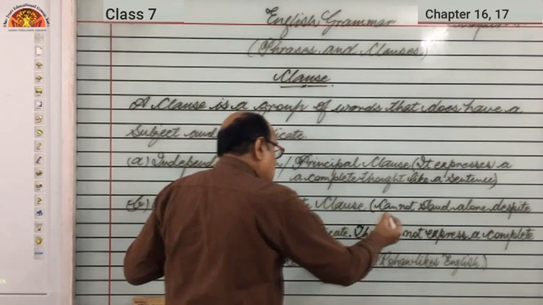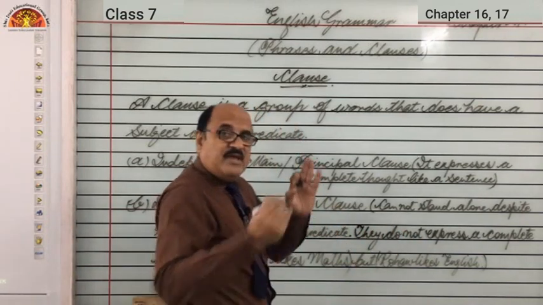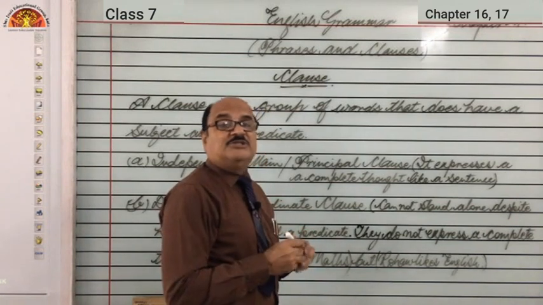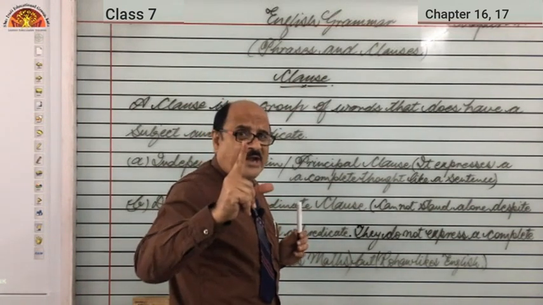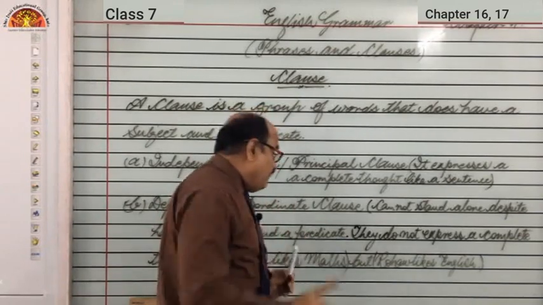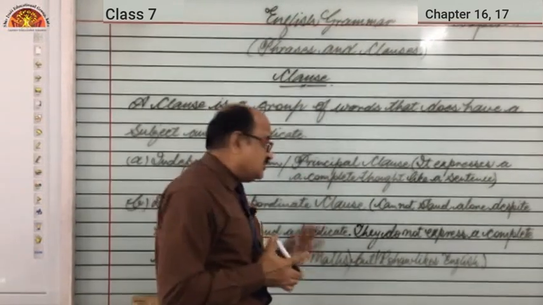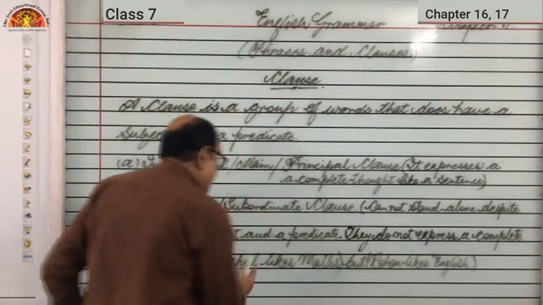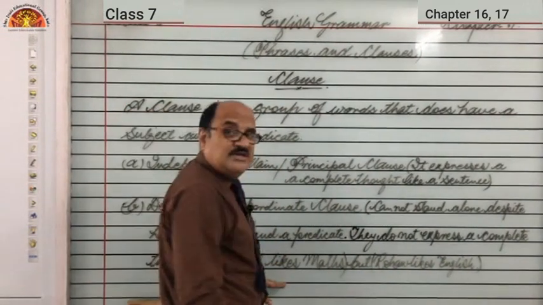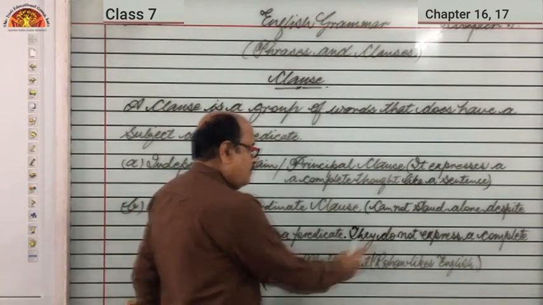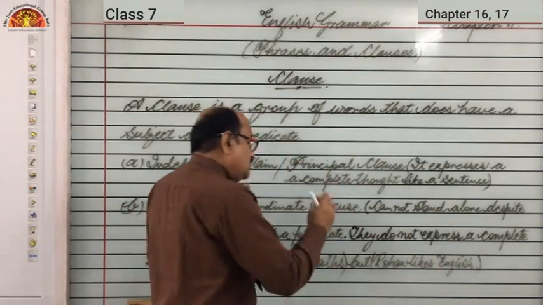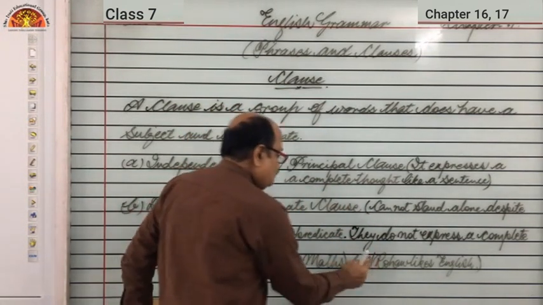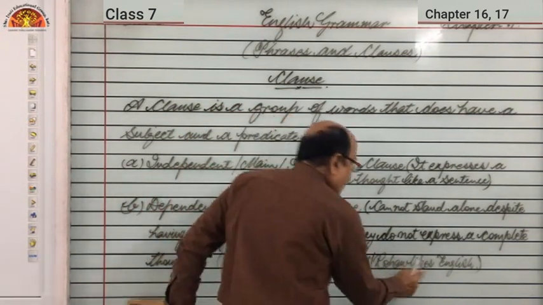But when we join these two sentences and make them one using a conjunction, and which conjunction? Coordinating conjunction, right? With the help of a coordinating conjunction, if we join them together, they make a sentence and they themselves become clauses. Now, clause number 1, clause number 2, because they are the part of a sentence. So, clause, coordinating conjunction and clause.